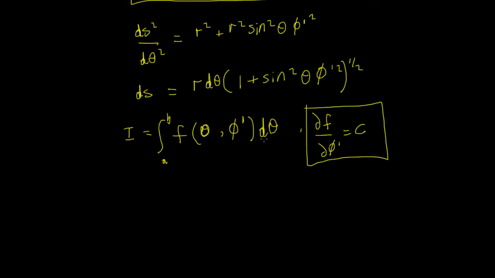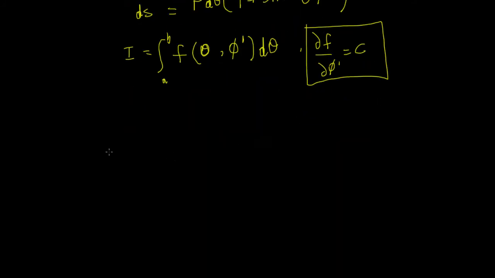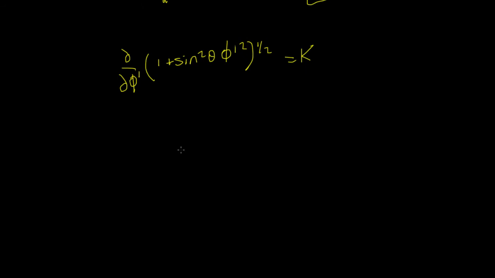Now we'll continue to do that. We have partial by partial phi derivative of (1 plus sine squared theta phi derivative squared) to the power of half, and that equals some constant k. When we go through the differentiation, it's the same thing again.